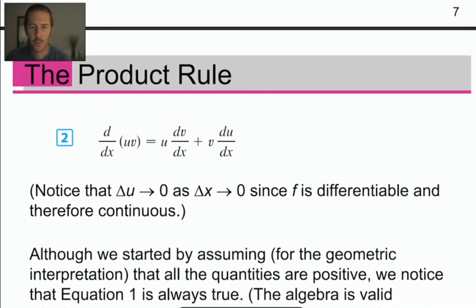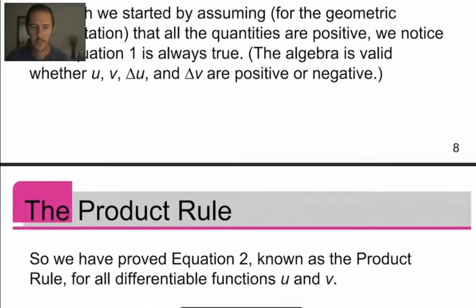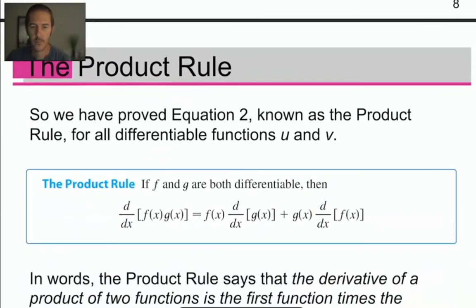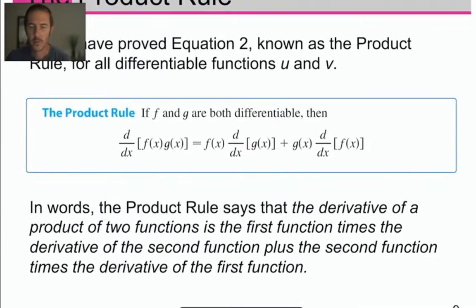So number 2 that you're seeing on this screen is the first really somewhat clear articulation of what the product rule allows us to do. And this is the most formal articulation here. What this says in this box is that if we're taking the derivative of a product of two functions, they don't have to be polynomial functions.